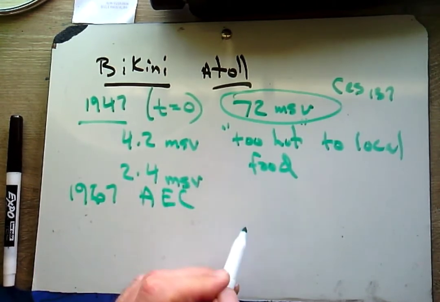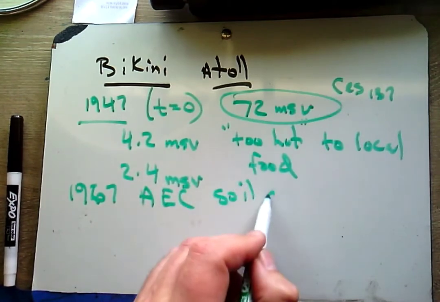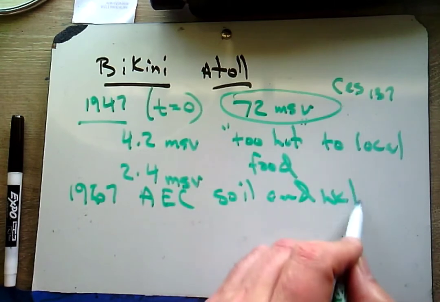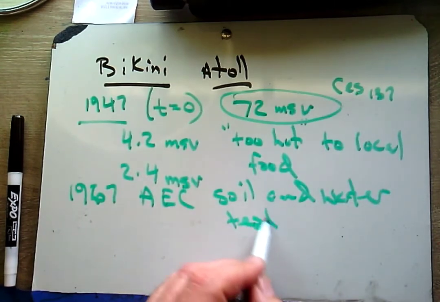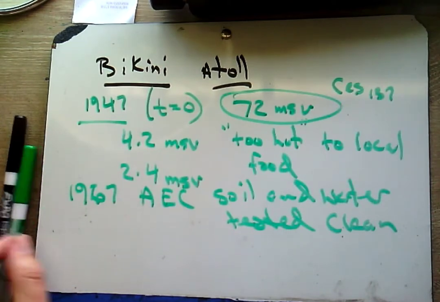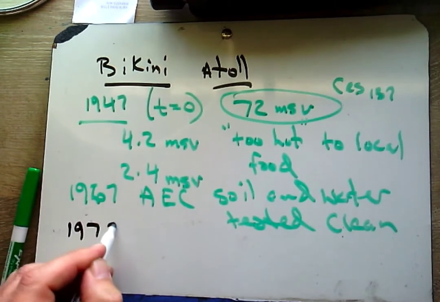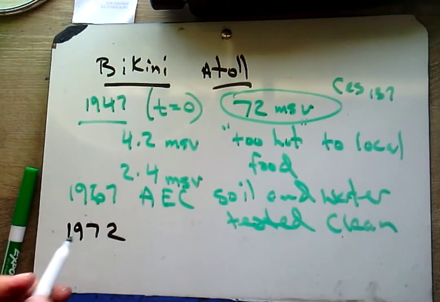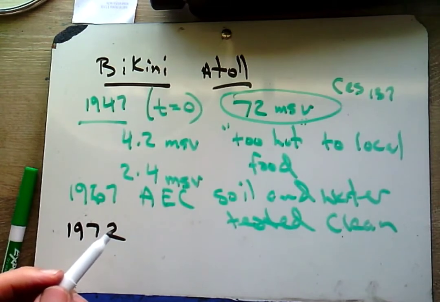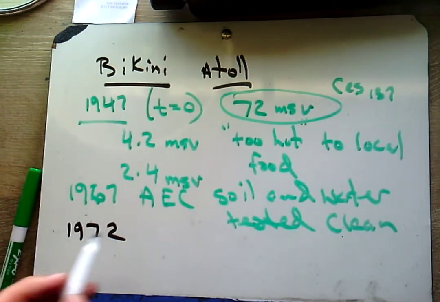The Atomic Energy Commission said that the soil and water tested clean. And as a result, a plan was drafted to move these people back home. That plan took effect in 1972. In 1972, the people were returned to Bikini. And then, a funny thing happened.